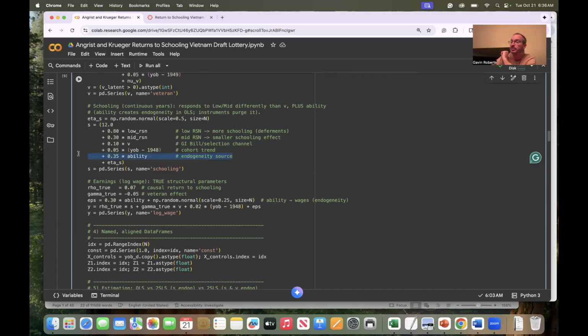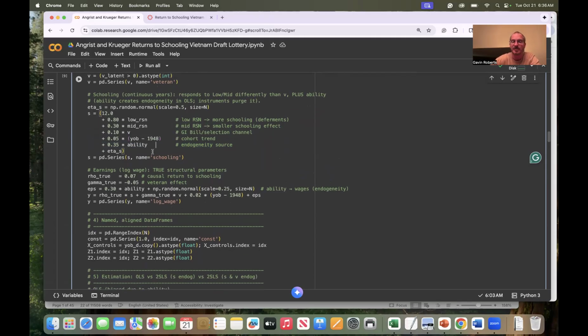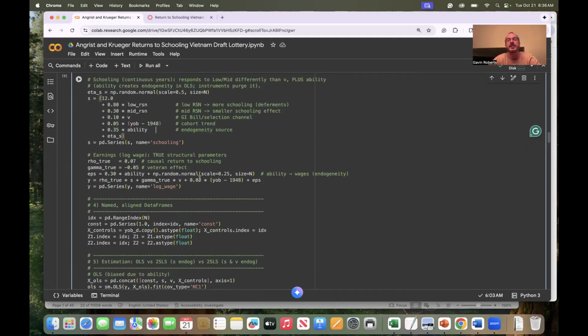You could even think of this as a missing variable bias type thing, because if we could actually get data on ability, we could directly control for this problem. But because we never really observe ability, that's very difficult to observe for selection into schooling. It's easier in general to find some random event like a draft lottery that caused people to select into schooling. So that's the underlying logic.